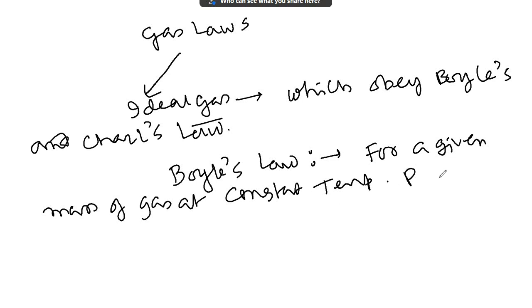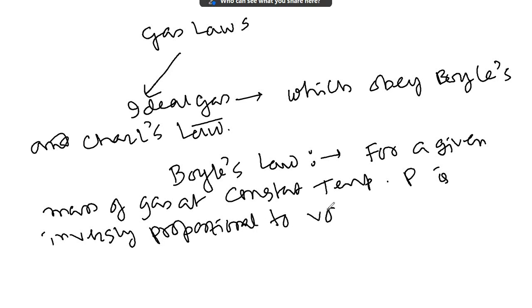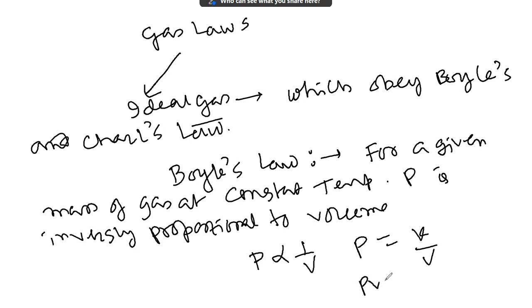P stands for the pressure. That means when P is the pressure and V is the volume, the relation is P varies as 1 by V. So P is equal to K by V, so PV is equal to K.